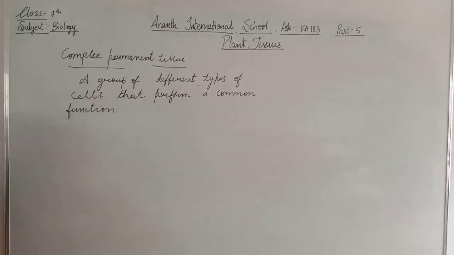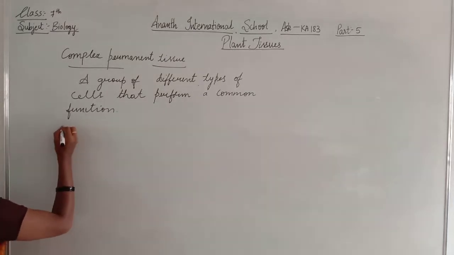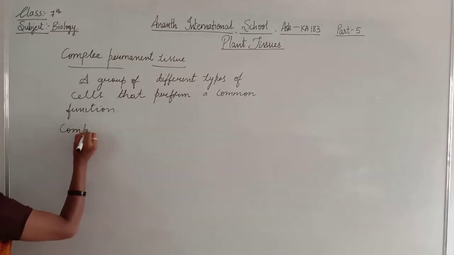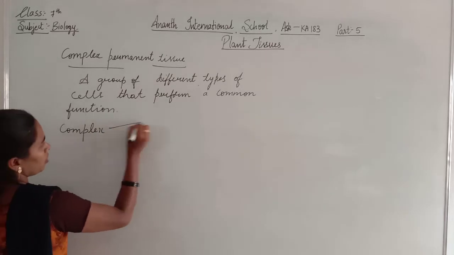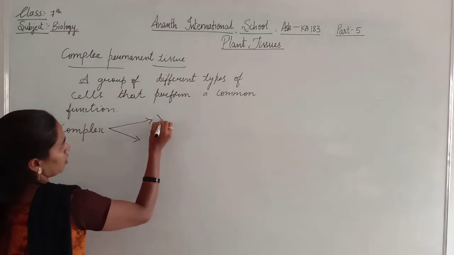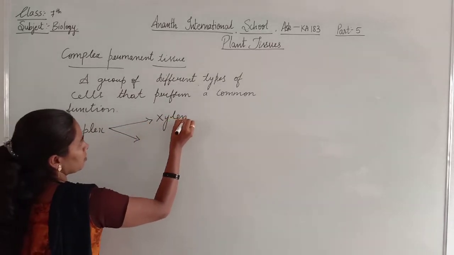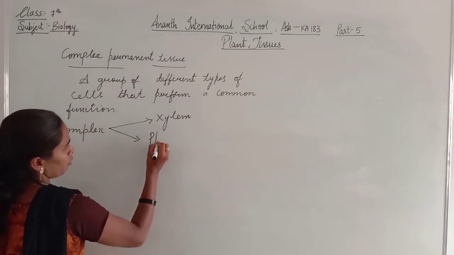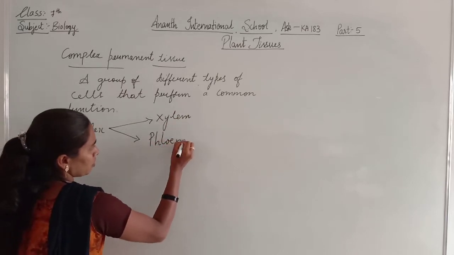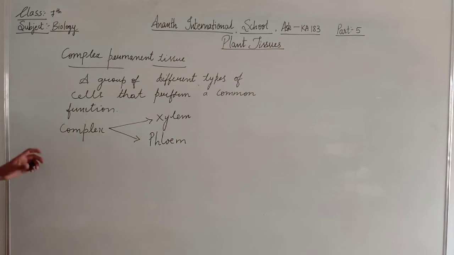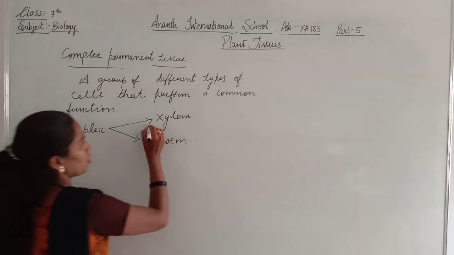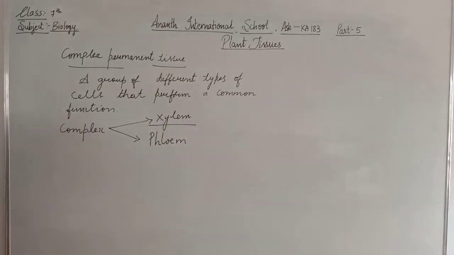This complex permanent tissue is divided into two types, xylem and phloem. Yesterday we learned only up to the types. Today we shall take only the xylem tissue, a complex permanent tissue.